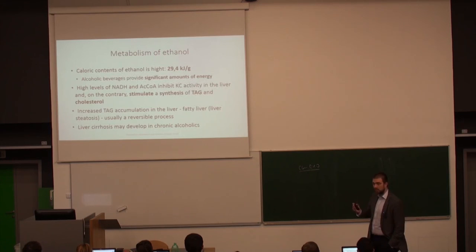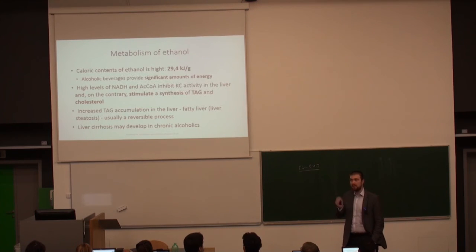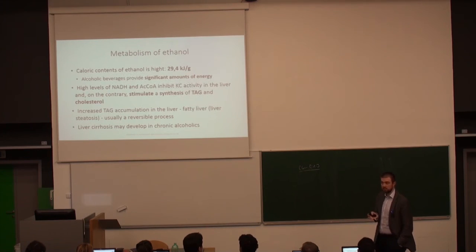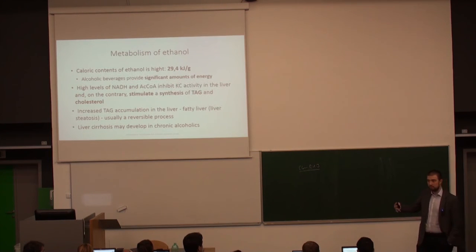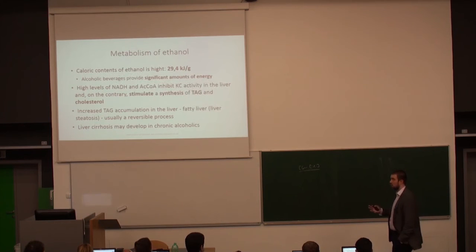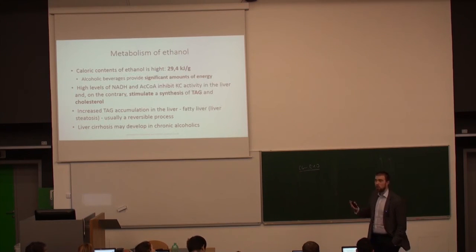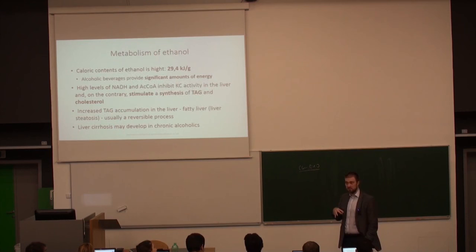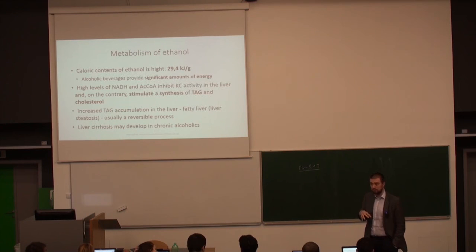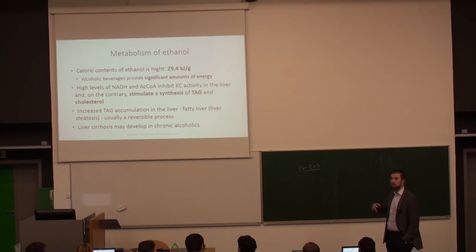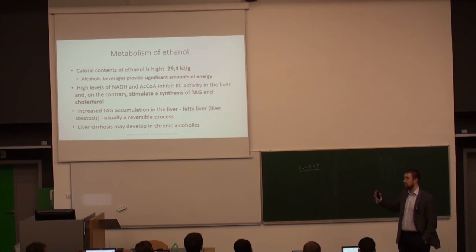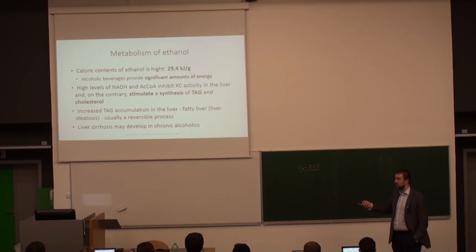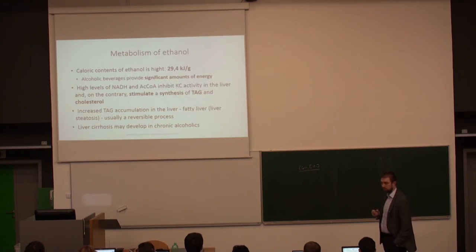If they stop drinking, they will release the fat from the liver and they can regenerate. But in a chronic alcoholic, the combination of fat storage with the reactive oxygen species produced in the liver will lead to inflammation, to fibrosis in the liver, and as a result, you can develop liver cirrhosis.